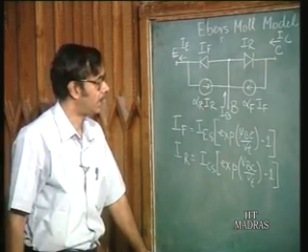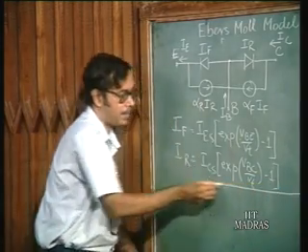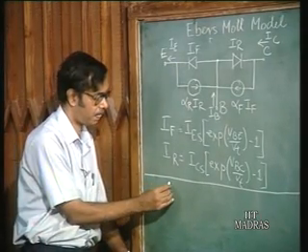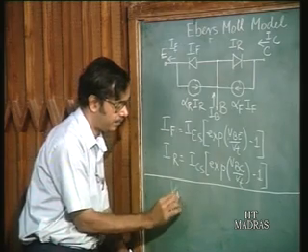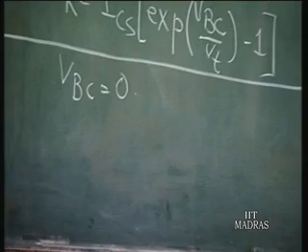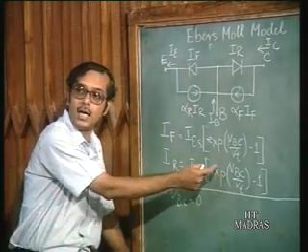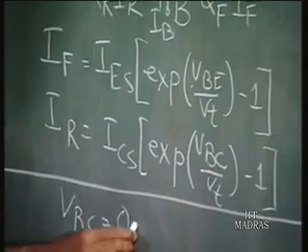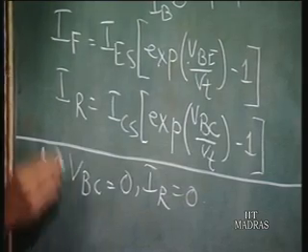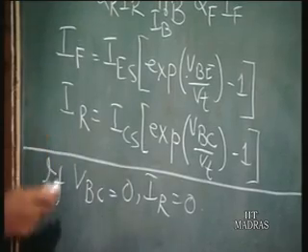All right. Now, just before we go ahead, if we take, for example, VBC equal to 0 in this transistor, what does it imply? IR is equal to 0. If VBC is equal to 0, IR is equal to 0. Then what do we have?